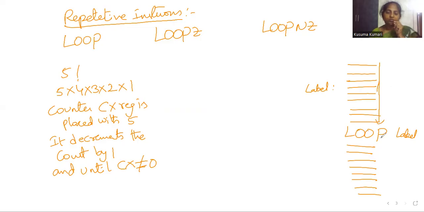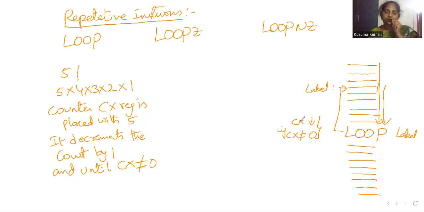As soon as the loop instruction is executed, CX is decremented by 1, and if CX is not equal to 0, the microprocessor jumps to the specified location. Then again these instructions are executed.